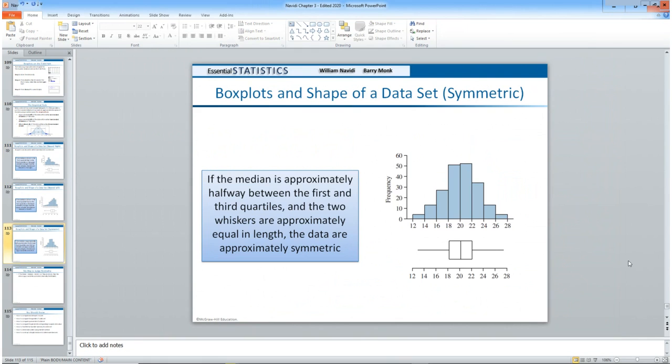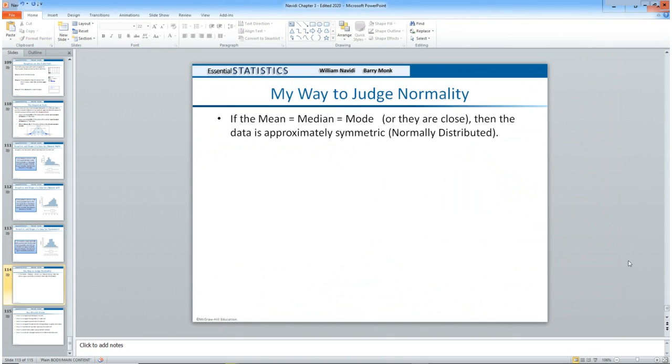Now, these two things, the histogram and the box plot, can be used to determine normality. One of the things I like to bring up about judging normality: if the mean, median, and mode are equal, now they'll never be perfectly equal, then that's another thing you can use to determine normality.